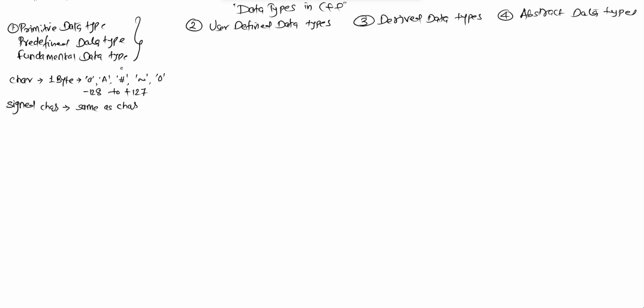Now another related type, unsigned char. Unsigned char can also store the values which I mentioned earlier, any value in single quote, or numeric value, but its range for storing numbers increases, and the range is 0 to 255.